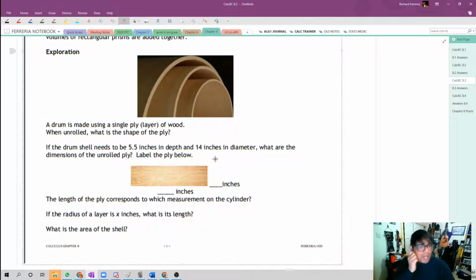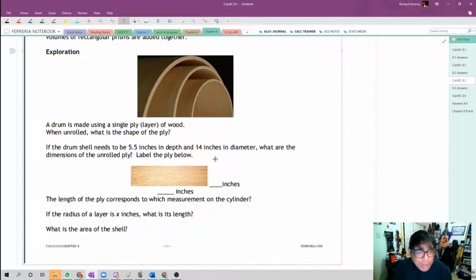So let's say that we're using a drum made out of a single ply, which is a layer of wood. When you unroll that single layer, what's going to be the shape of that? Provided that the layer is thin enough to unroll, we're going to get a rectangular prism, really.